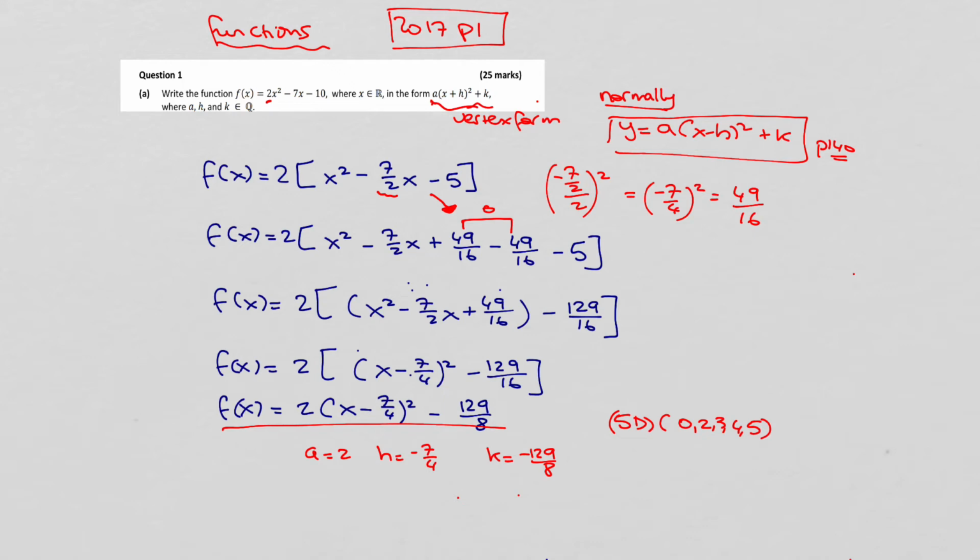So therefore it has to be minus the h value. So it's going to be 7 over 4, and the k value was minus 129 over 8.